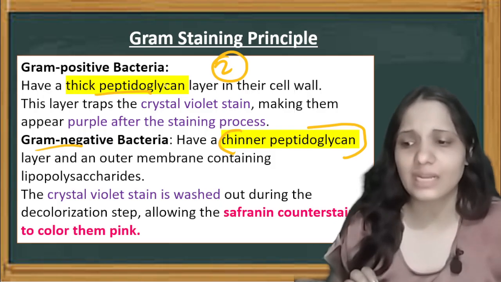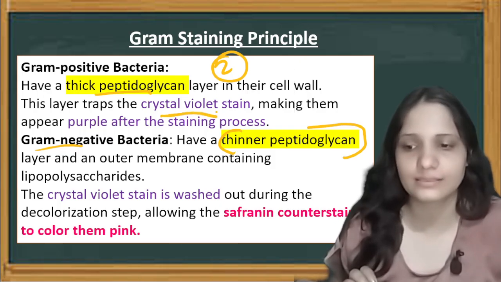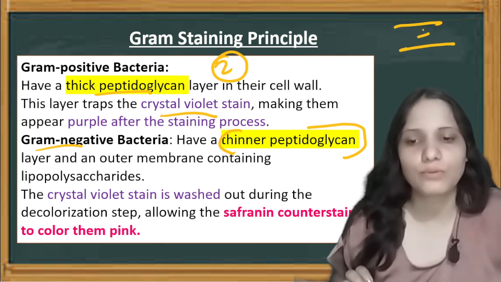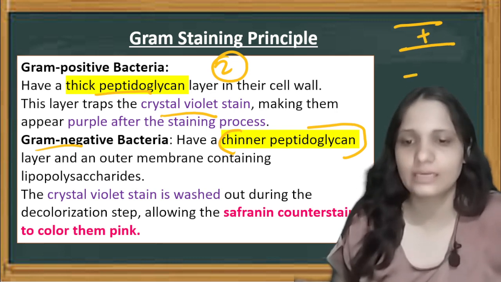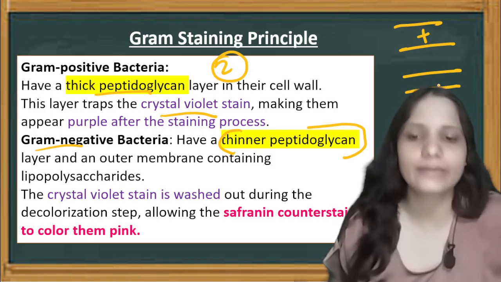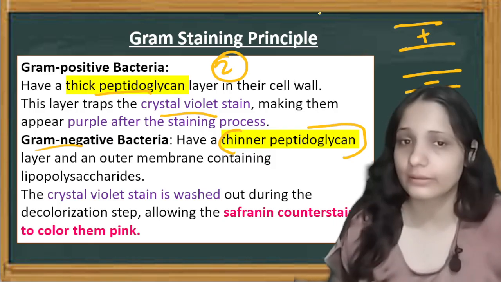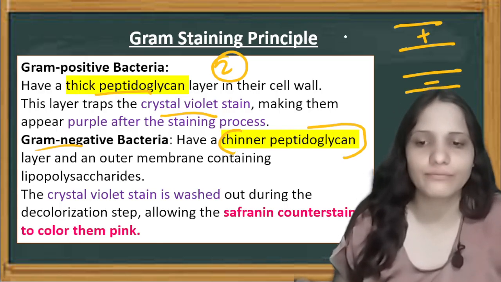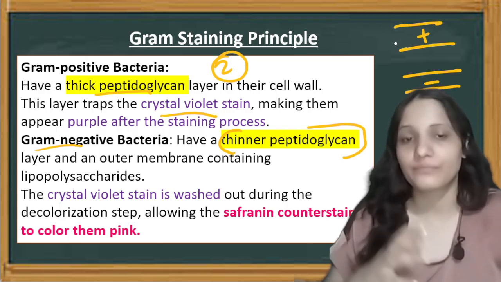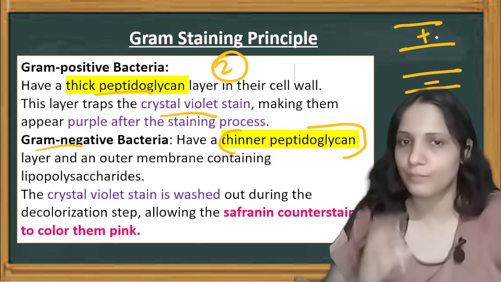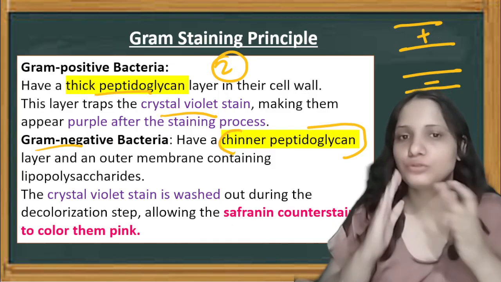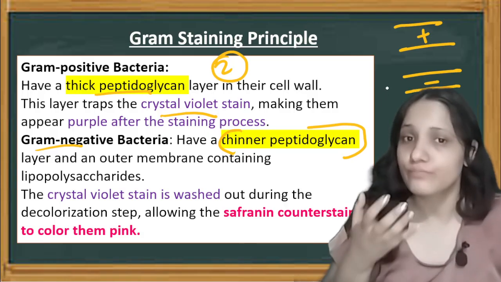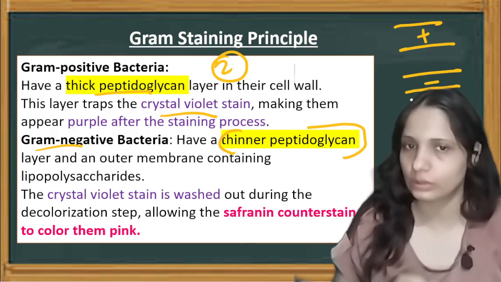Now this layer traps the crystal violet stain. One layer is thick, in gram positive bacteria, and in gram negative bacteria the peptidoglycan layer is thin. Just tell me, which layer will bind to dye more efficiently, which will trap more dye, the thick one or the thin one?